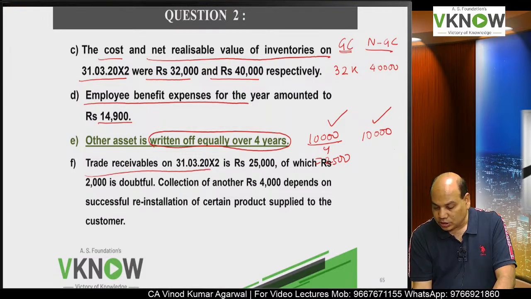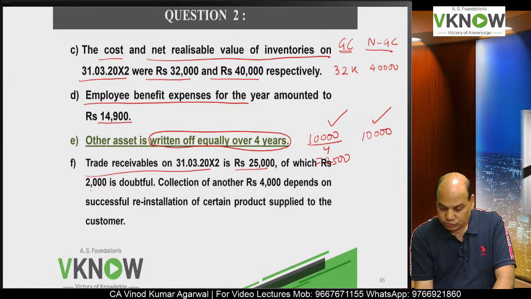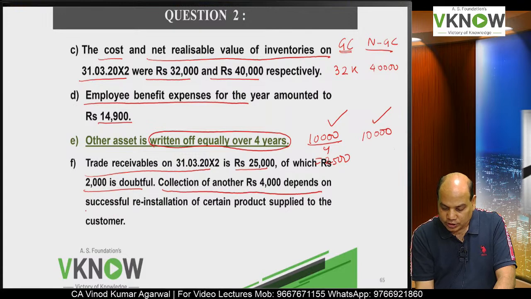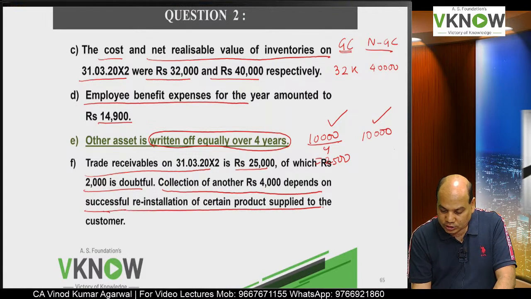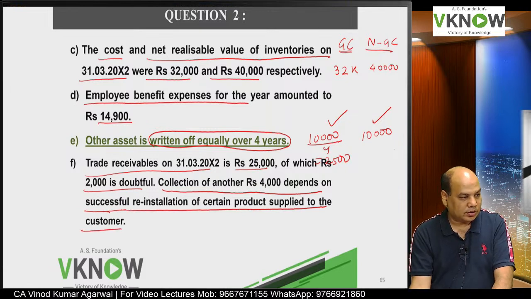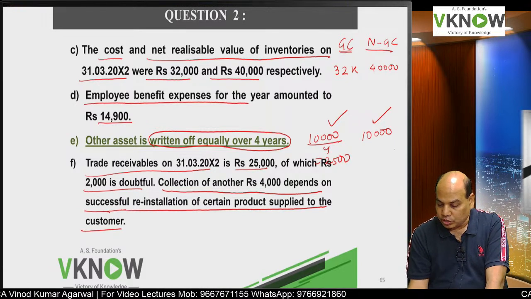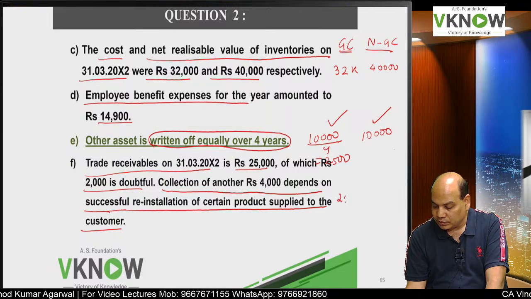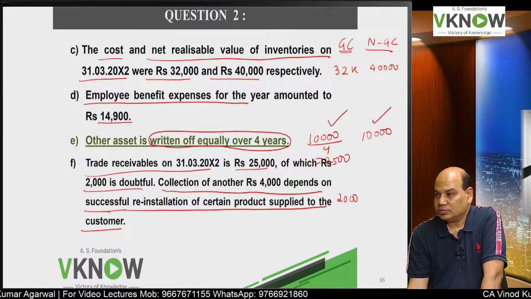Trade receivable on 31/3/2002 is 25,000, of which 2,000 is doubtful. Collection of another 4,000 depends on successful reinstallation of certain products supplied to the customer. So if it is a going concern, we will only prepare usual provision.